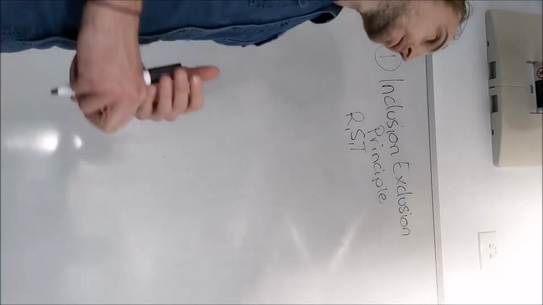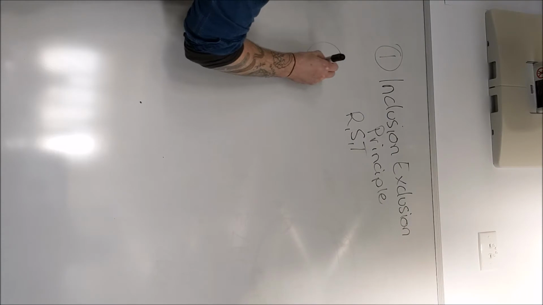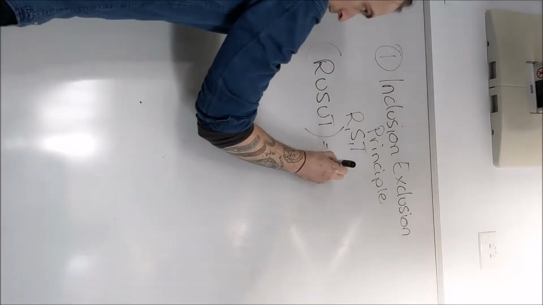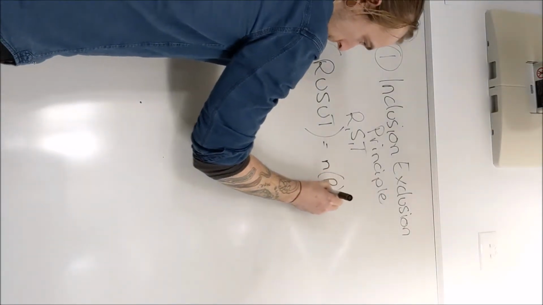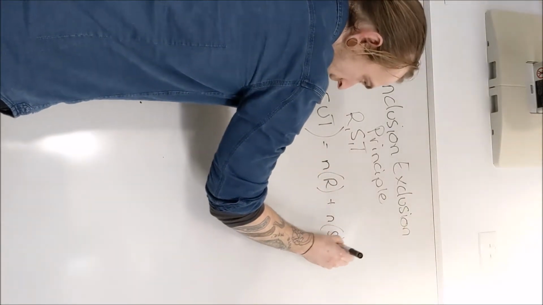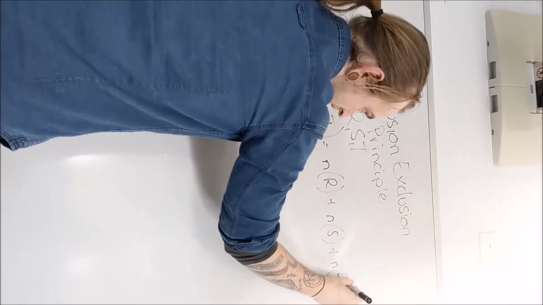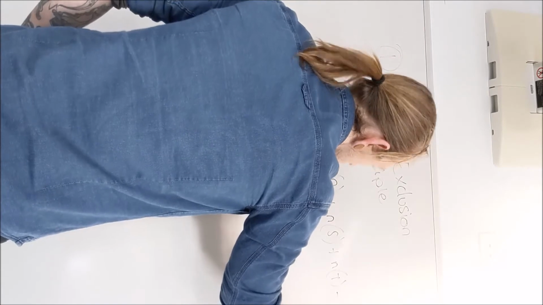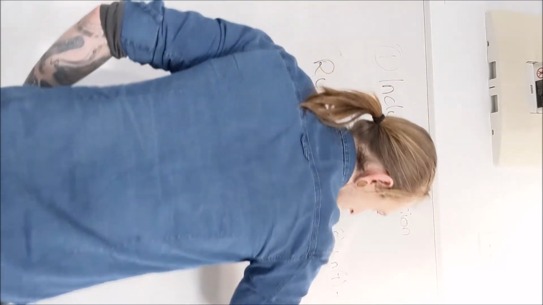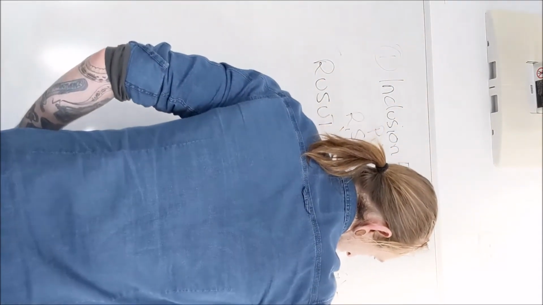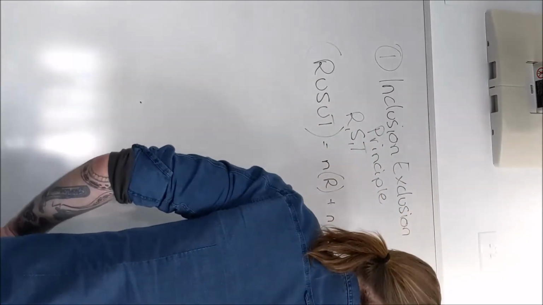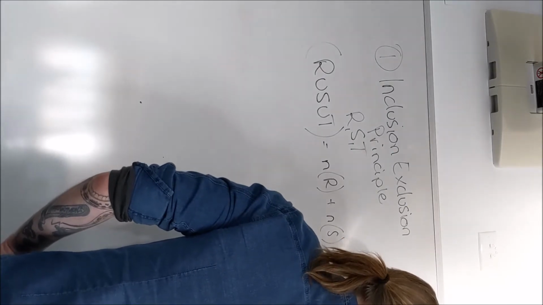The union of R, S, T is equal to the number of R plus the number of S plus the number of T, minus RS, minus RT, minus TS, plus RST.